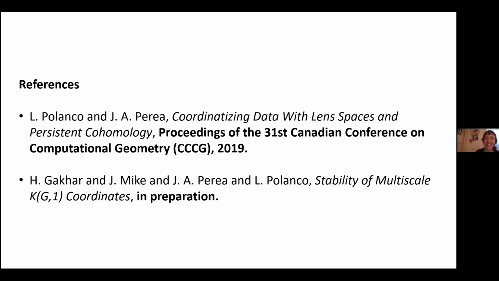So it is in those types of cases. One example that we have in mind and are working on is configuration spaces. If you're looking at configuration spaces, we expect them to have non-trivial homotopy, and that's basically what we're trying to capture with this type of coordinates. It's just data sets that may have a lot of torsion in them.